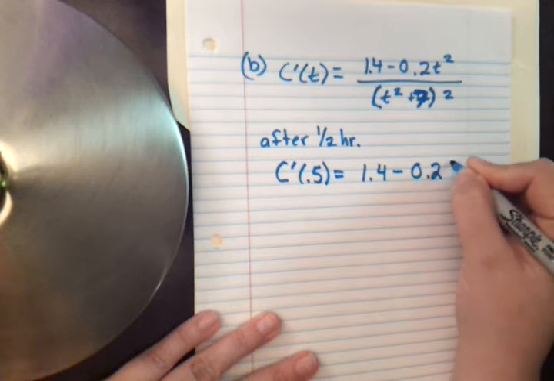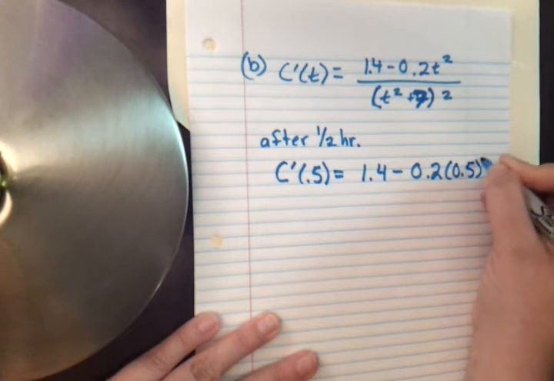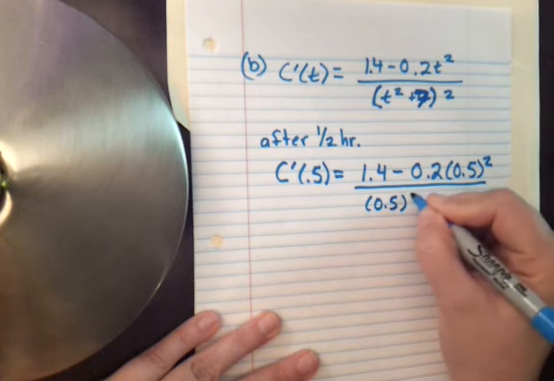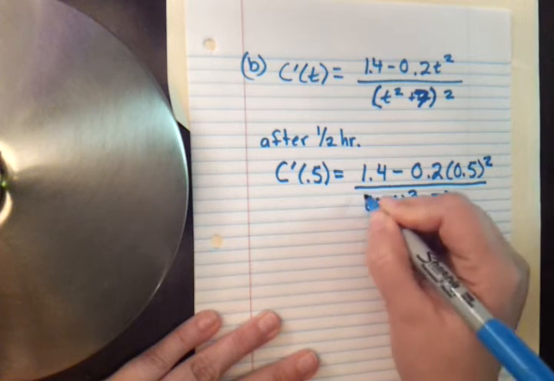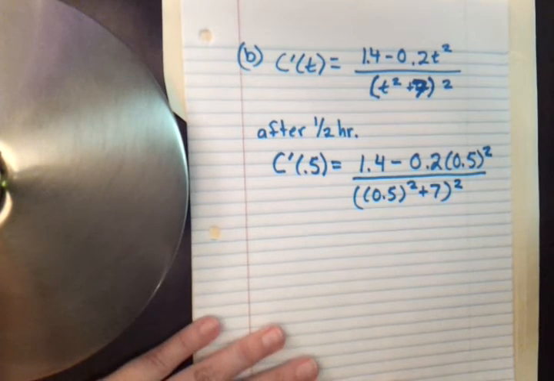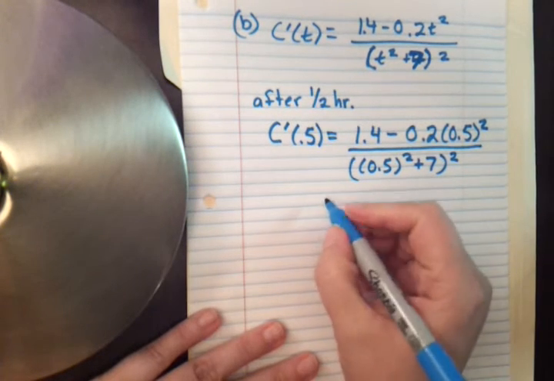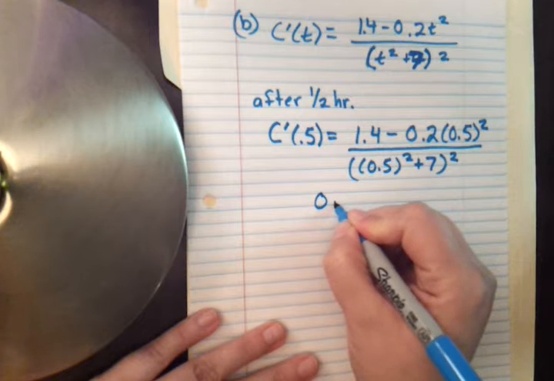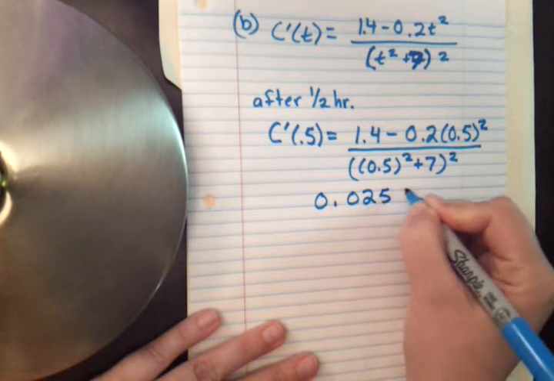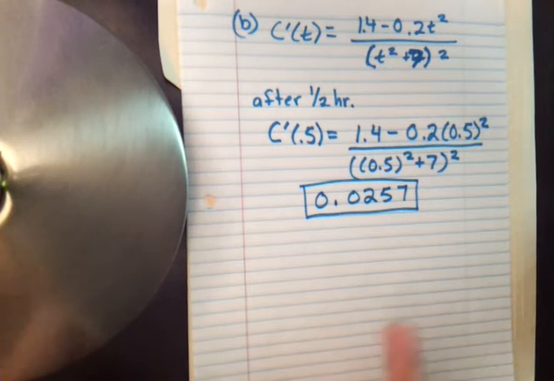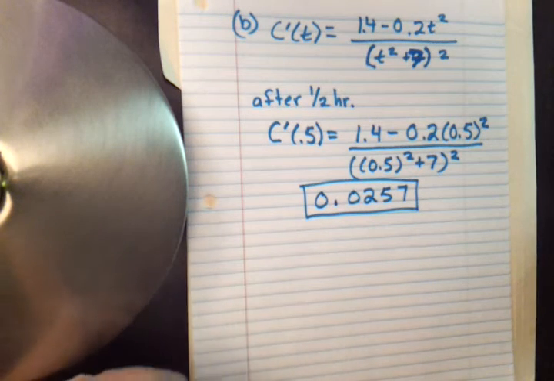So 1.4 minus 0.2 times 0.5 squared all over 0.5 squared plus 7 squared. I'm not going to do the math for you. You have a calculator. That should come out to 0.0257 for this one. If you had the exact same numbers that I did, that would be the answer that you would expect there. We're rounding to 4 decimal places.